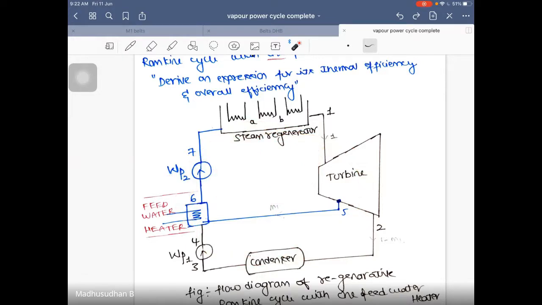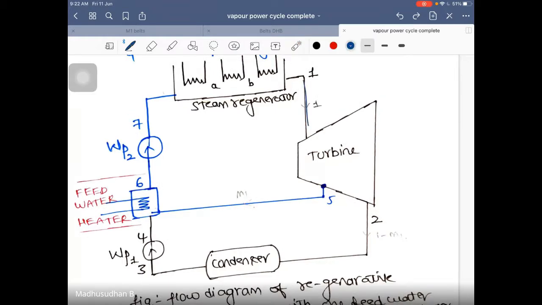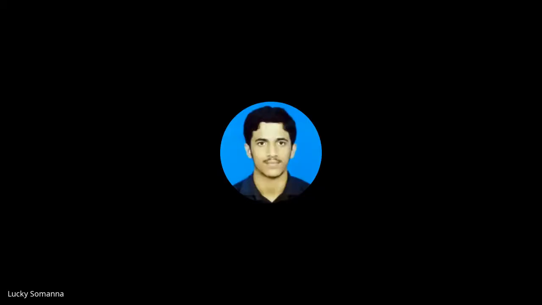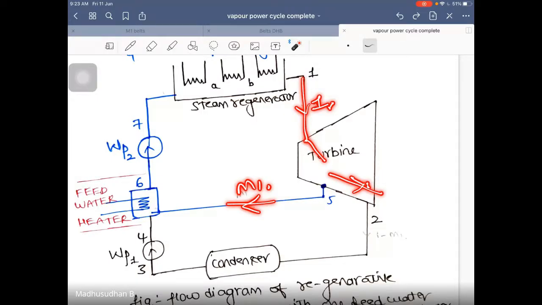Now, understand this very carefully. If 1 kg of steam is being sent at the inlet of the turbine, after partial expansion, if m1 amount of steam is being sent back for the regeneration, what is the remaining steam which is undergoing the second stage of expansion and condensation? 1 minus m1.